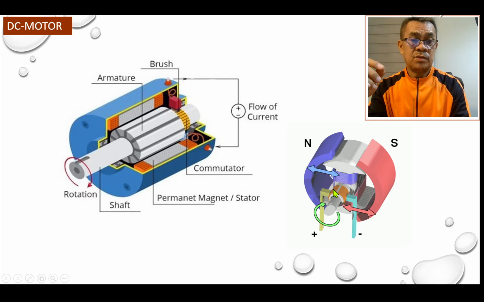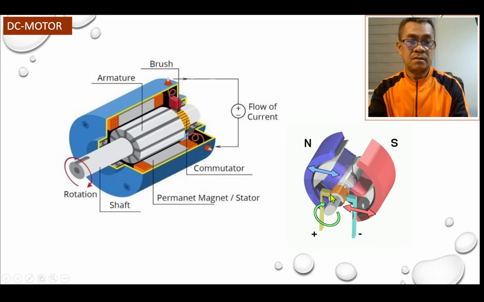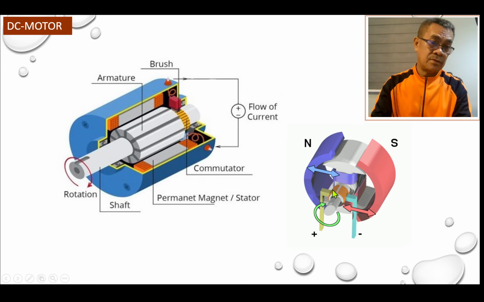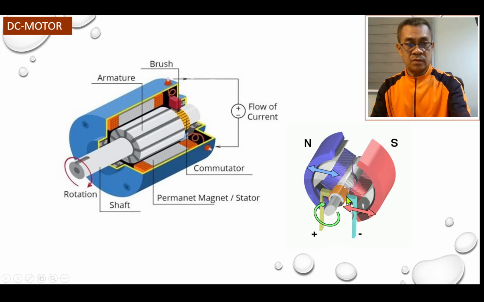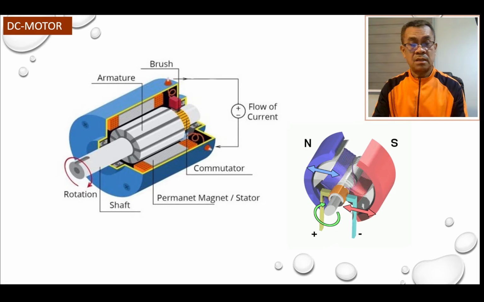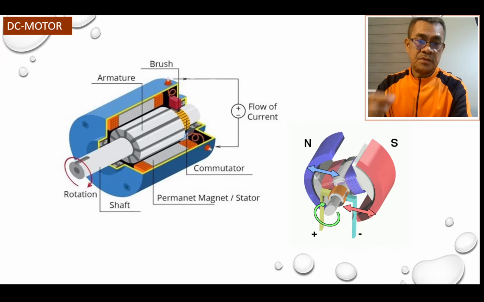If the commutator is connected to the positive, the current will flow in. Now, if the commutator is connected to the negative, then the current will move out from the armature. So that's it.